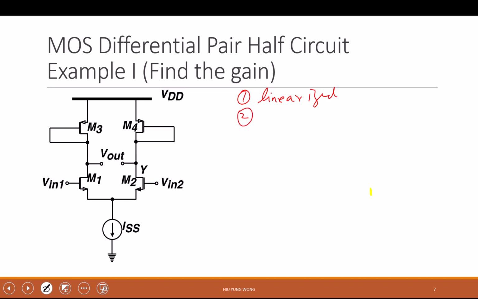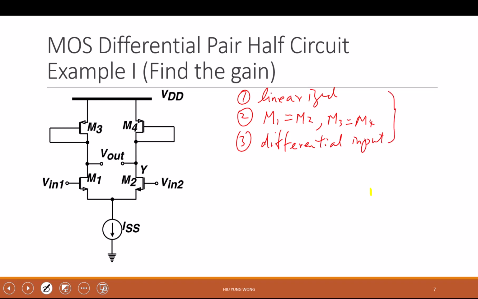Second, we assume it's symmetric. I mean M1 equals M2, M3 equals M4, right? And then we assume we have a differential input. These are given. Either I give you or you figure out, or you are the designer, you decided to operate in the small signal regime.